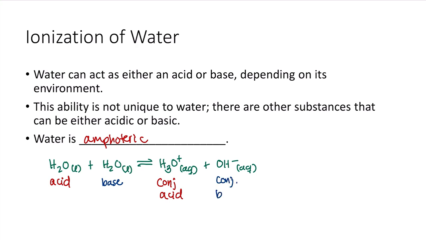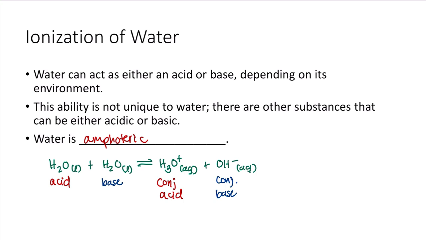Hydroxide is the conjugate base. In solution, if you ever have hydronium, it will always be the conjugate acid. If you have hydroxide as a product in your reaction, it will always be the conjugate base when we're talking about the dissociation of acids and bases.